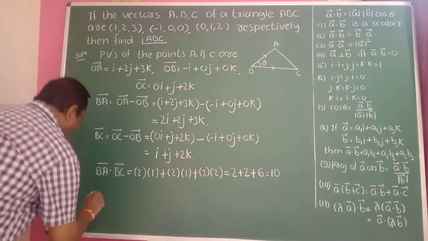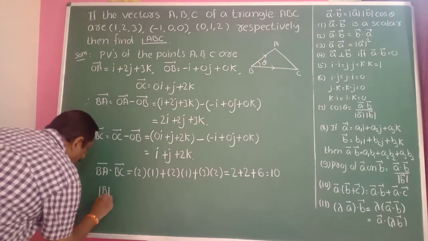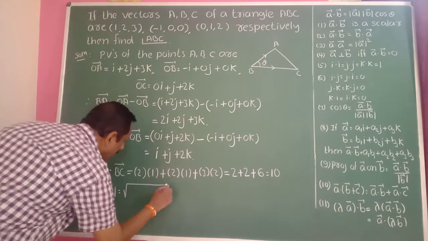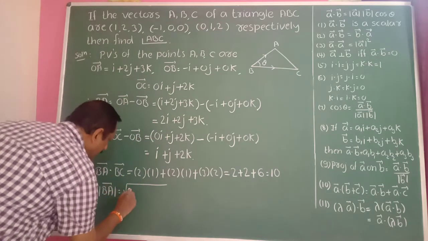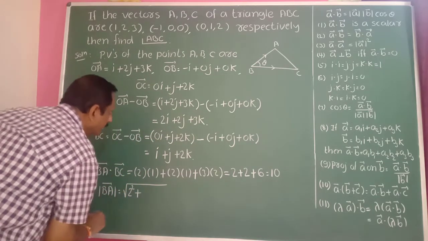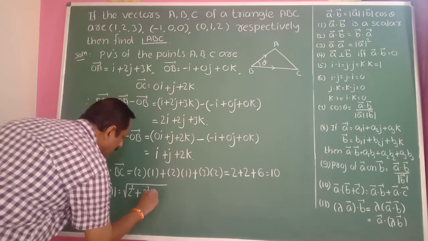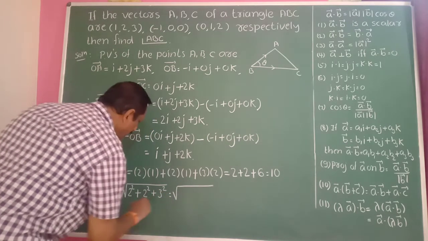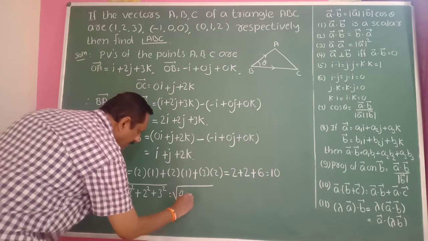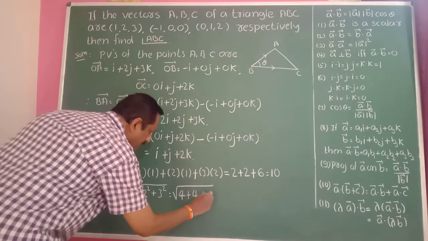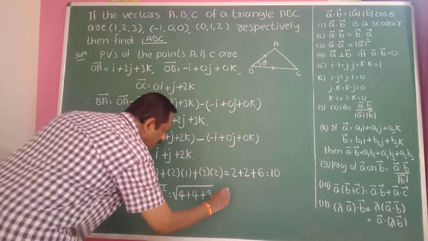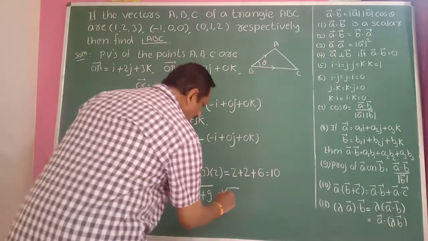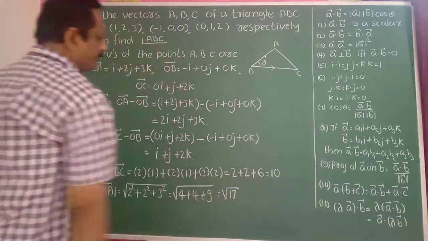Then find the modulus of BA. The modulus of the vector BA is equal to root of 2 squared plus 2 squared plus 3 squared. That is root of 4 plus 4 plus 9, which is 8 plus 9, 17, so root of 17.